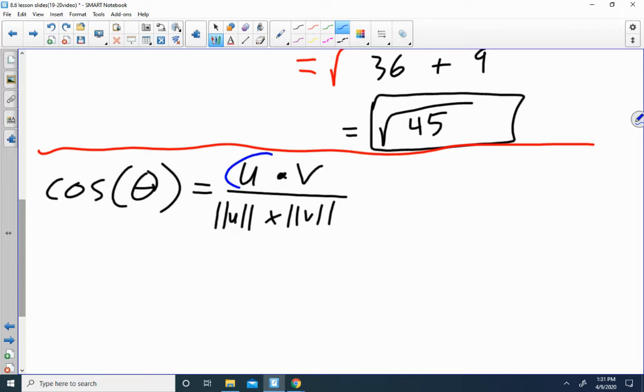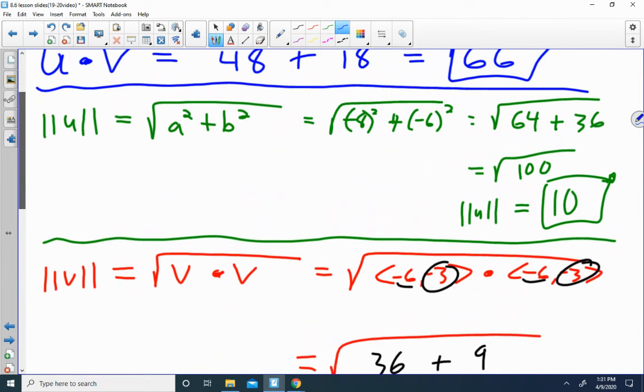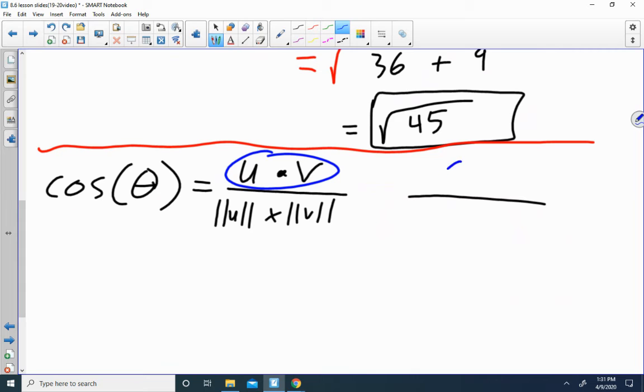According to what we got, the dot product of u and v, if you scroll back up, was 66. Good. Then, got to take the magnitude of u, which if you scroll up, turned out to be 10.